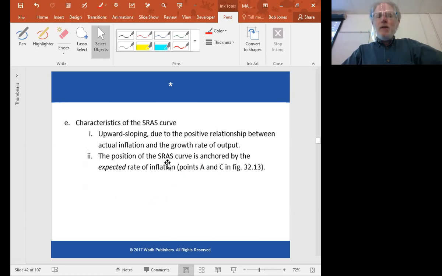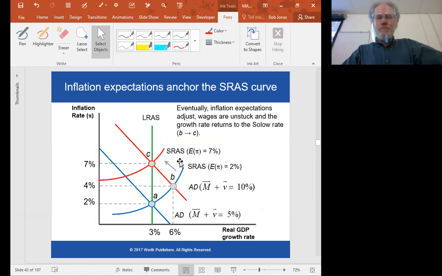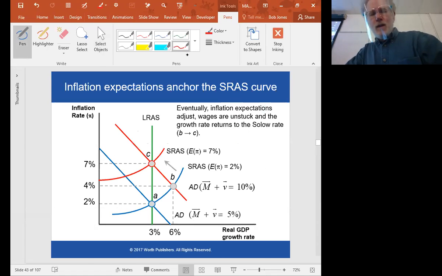The position of the short run aggregate supply curve is anchored by the expected rate of inflation. What does that mean? We'll look at the graph. When the expected inflation rate is 2%, where does the aggregate supply curve intersect with the long run aggregate supply?